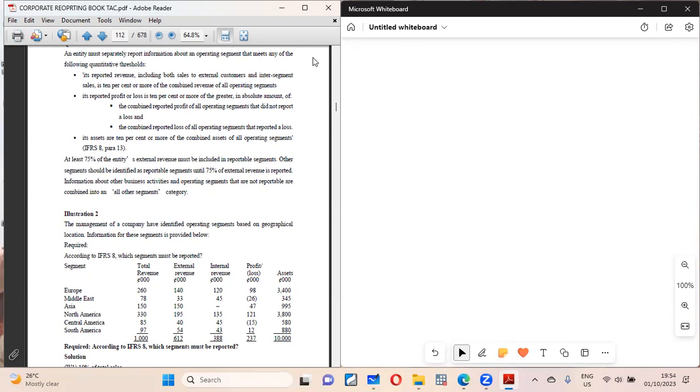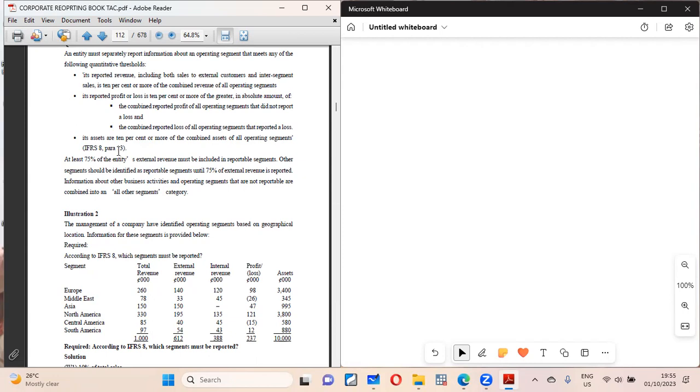So we say that at least 75% of the entity's external revenue must be included in this. Other segments should be identified as reportable segment until what? The 75% of the external revenue is reported. So the other segments, what we are saying is that additional segments are required to be disclosed.